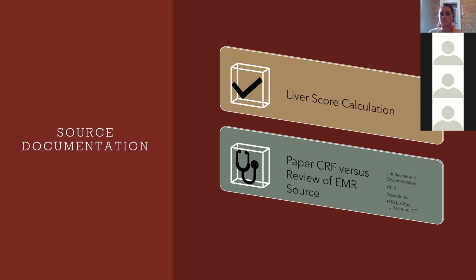The labs do need to be signed by the PI. And then again, you can scan all of that into the eBinder, or you can put it in your paper chart. But there does have to be some way for me to see that the PI has reviewed your labs, especially eligibility labs. I would say those are probably the most important because we are trying to make sure the person was eligible.